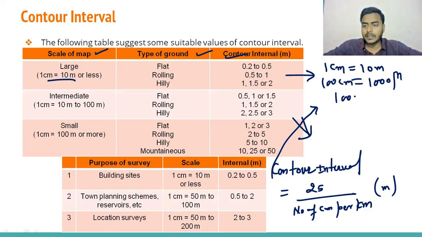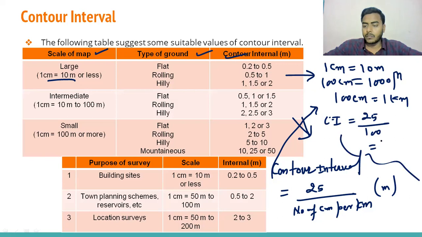So we can say 100 centimeter equals 1 kilometer. Now we use the formula: contour interval Ci is equal to 25 divided by 100. So we get 1 by 4, that is 0.25. So we can keep the interval 0.25 in this case.